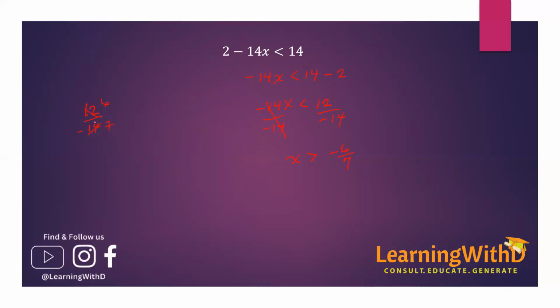Hence, I can reduce that to negative 6/7. And that's my answer. So this is going to take some practice to get used to, but you can't forget when we're dividing across an inequality by a negative number, we have to switch the inequality.